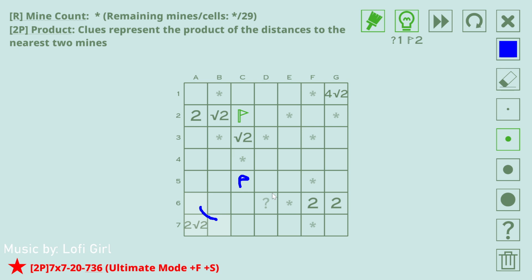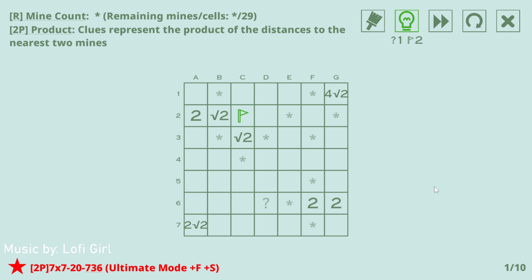And your other option is 2 times root 2, in which case it's this plus this, in which case one of these could still be mines. So it's this times this, basically. That's your root 2 times root 8. Oh, sorry, 2 times root 2. After which these can still be mines, so there's no difference there. So there is something I can do here, apparently.